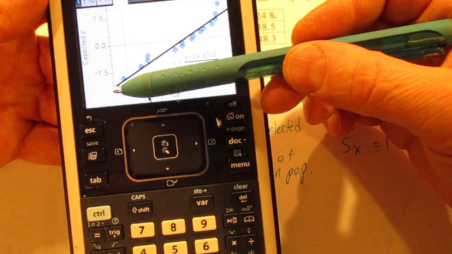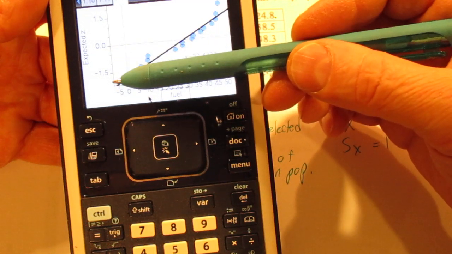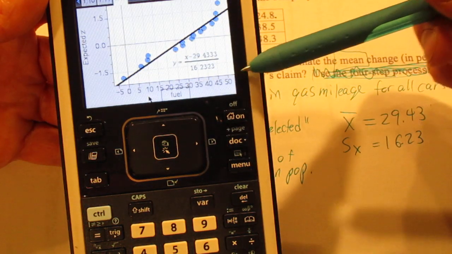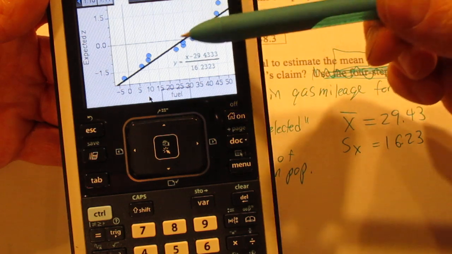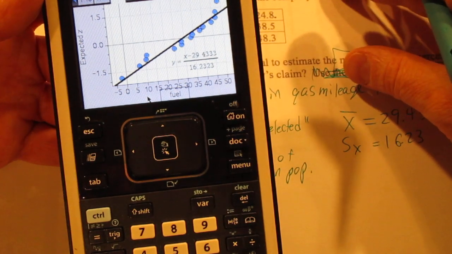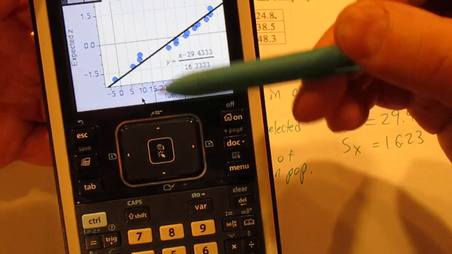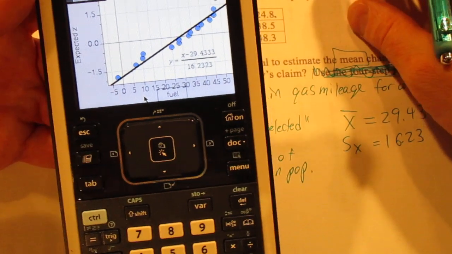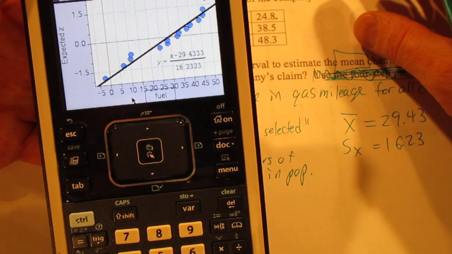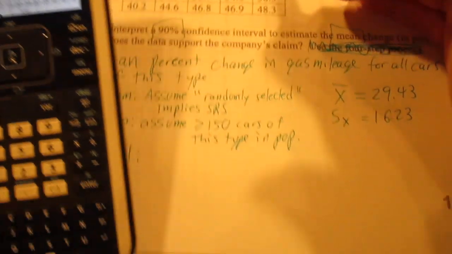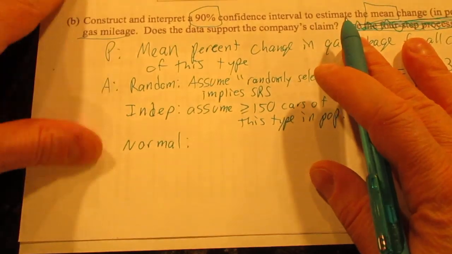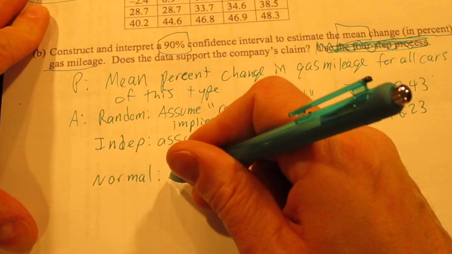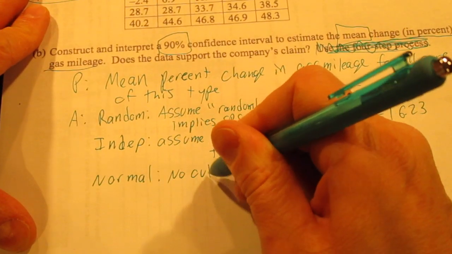The low numbers have a negative z-score. The higher numbers have a positive z-score, and right around 25-ish, maybe 30-ish, it's at the center of that curve. So, normal looks good. So we're going to say no outliers.